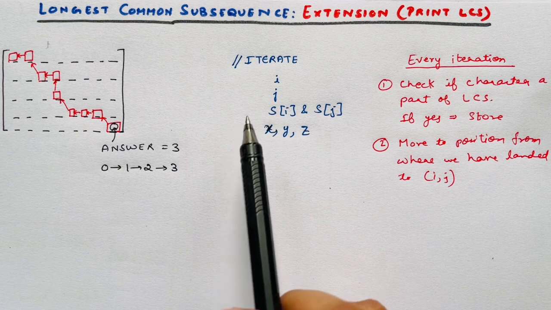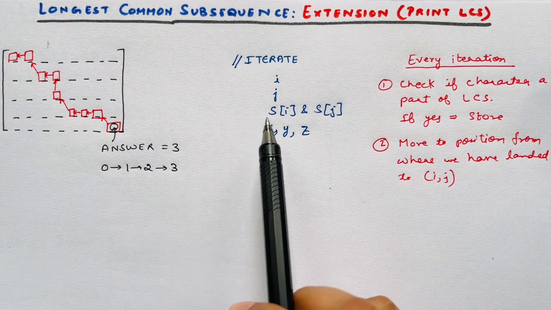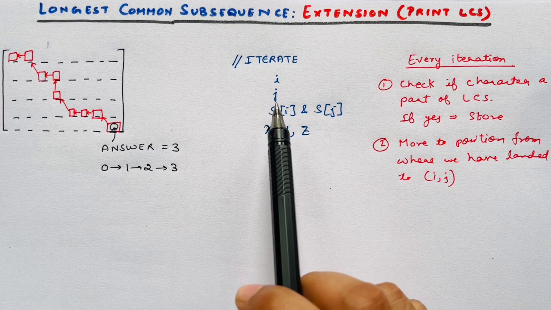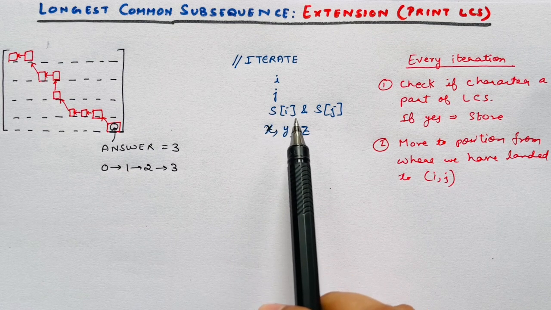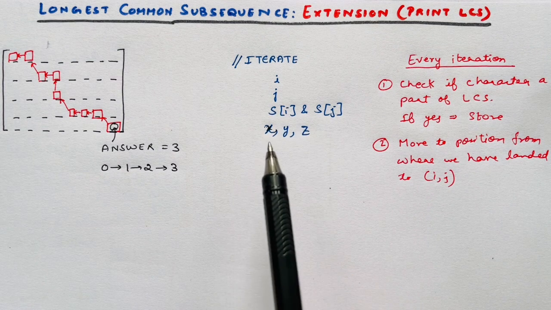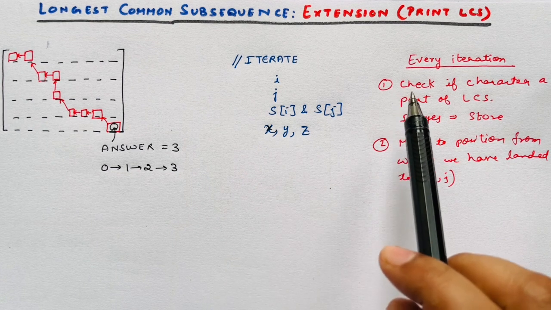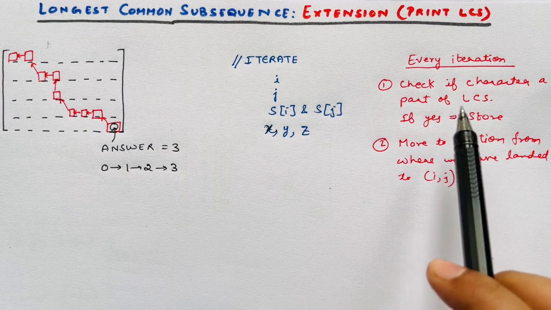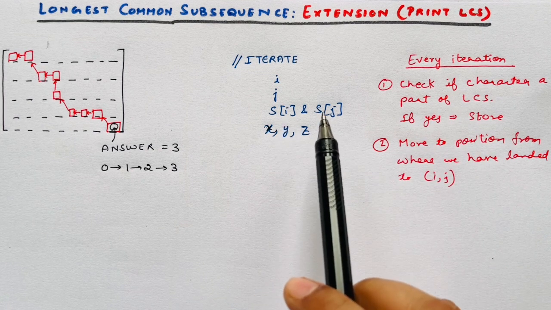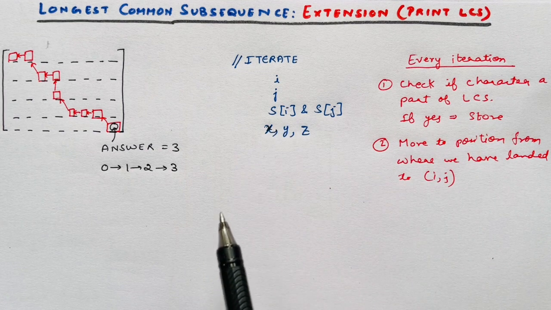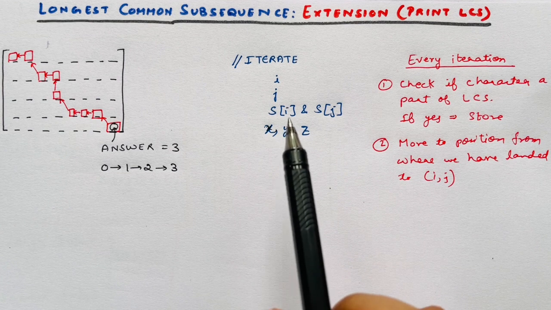So what all do we have in each iteration? In each iteration we will have i, we will have j, we will have the strings' characters si and sj, and we will have x, y and z. So let's check the first part, checking if the character is part of LCS. We can use si and sj to check that. Let's say it was.